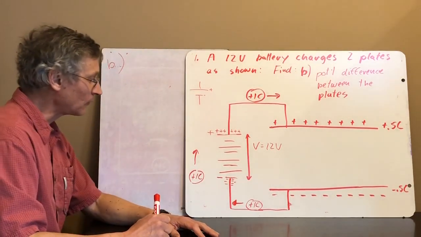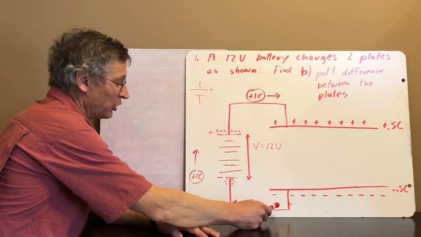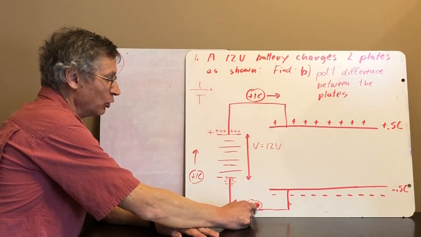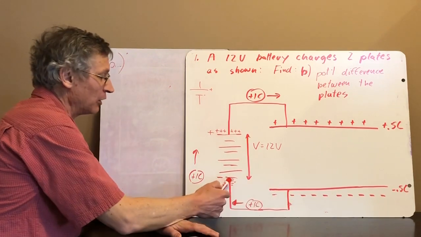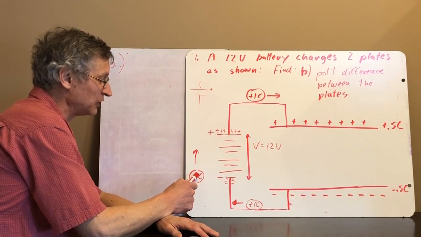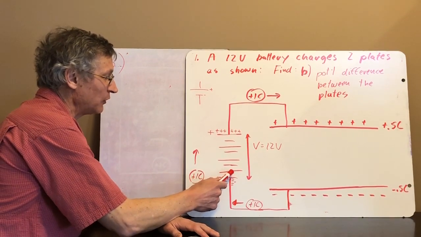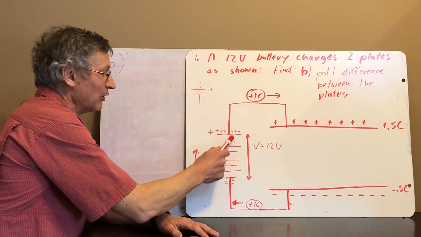So these negatives are going to attract the positive 1 coulomb from the plate to here. That's no big deal. But once the positive 1 coulomb gets right to that negative terminal, it does not want to go in this direction.